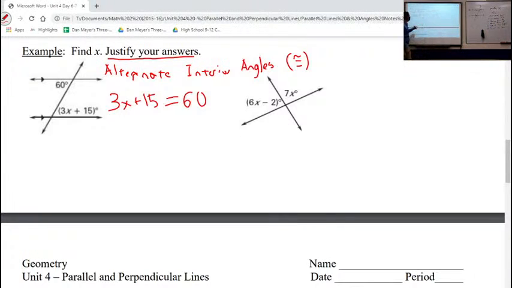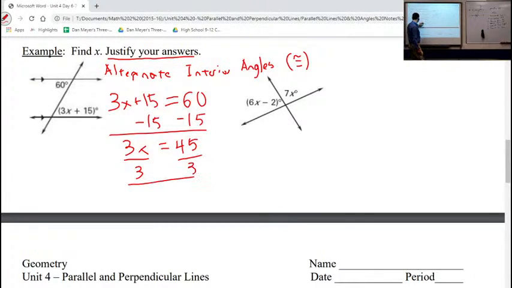We're going to get rid of the adding 15 by subtracting. 60 minus 15 is going to be 45. Divide by 3 to get rid of multiplying by 3. 45 divided by 3 is 15. So 15 is our answer for x here.